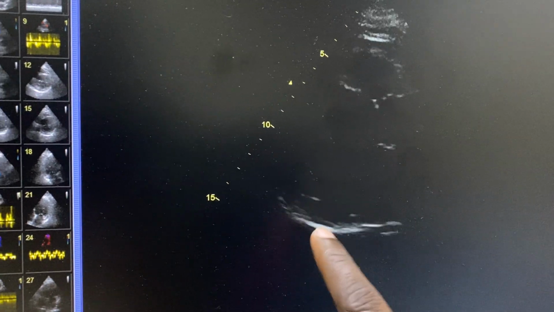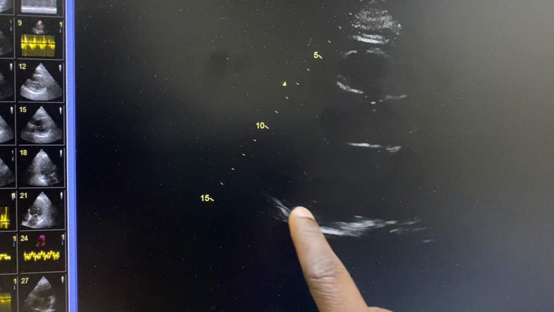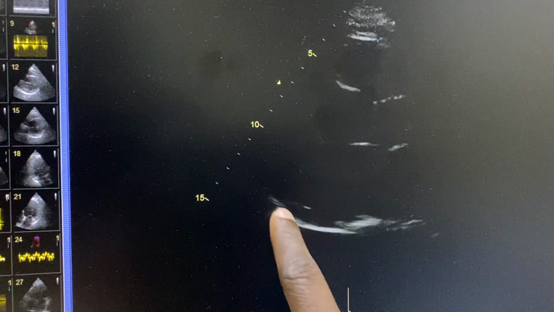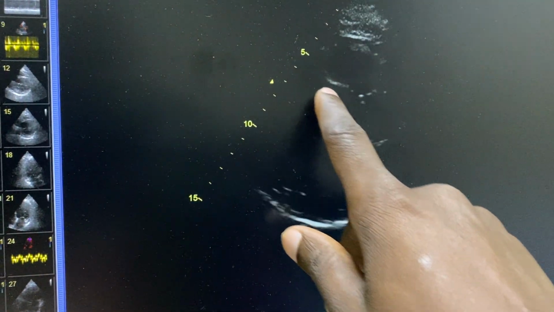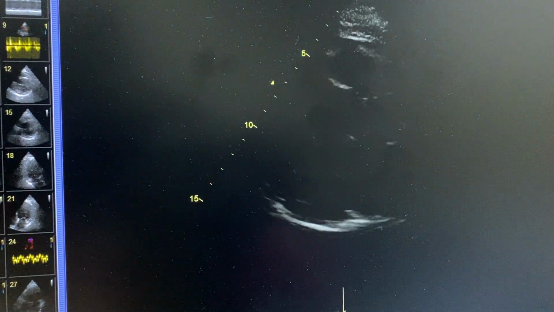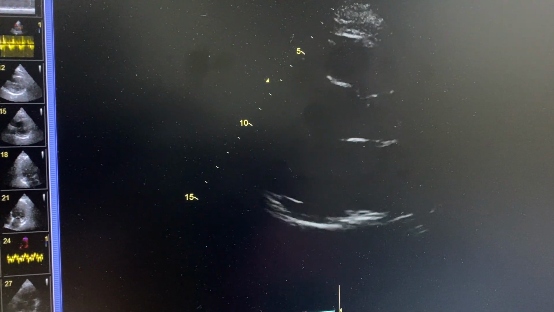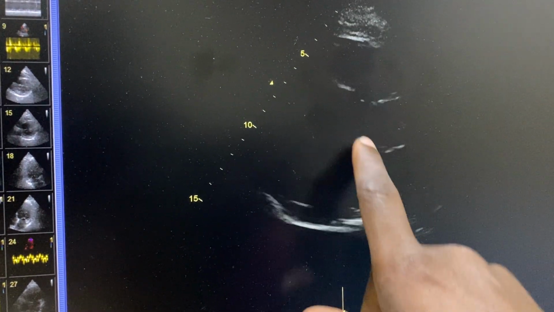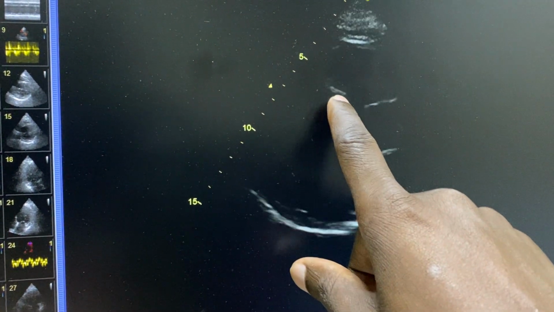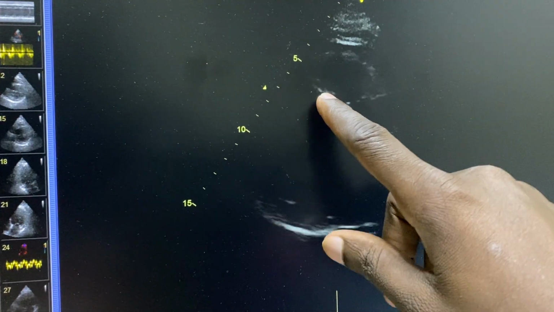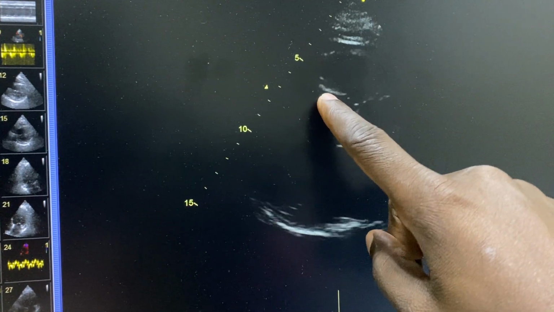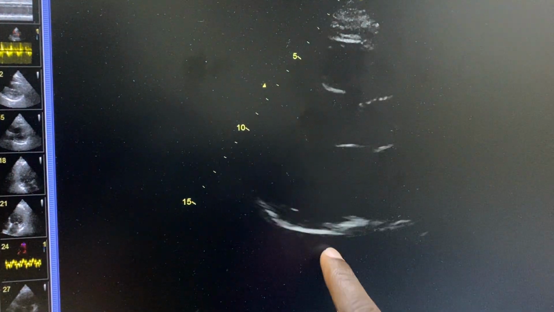Here the posterior wall, which is normal, disappears, and only the pericardium remains to be seen. And here in the septum, the muscle disappears, but where there is fibrous tissue or scar, it remains bright. So this indicates scar tissue here, like the pericardium.